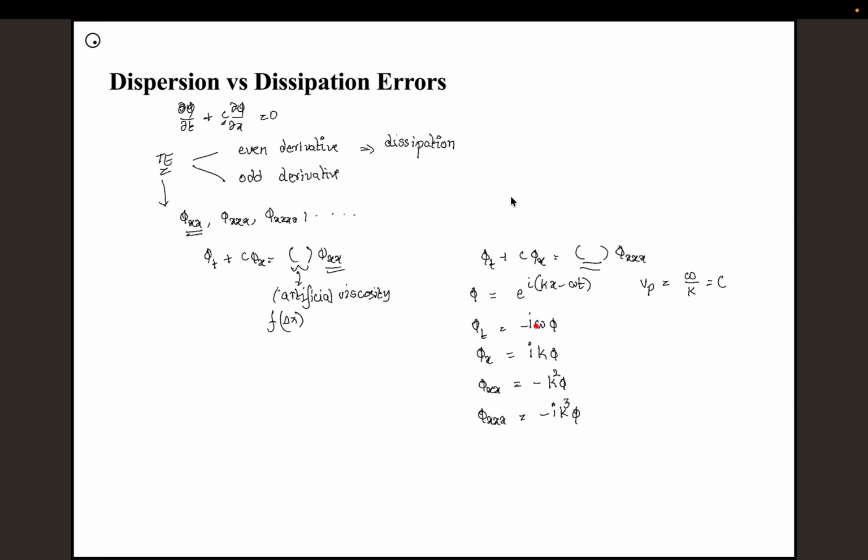When we have a double derivative, the terms are real, so we don't have to worry about it. Whenever we have an odd derivative, these i terms come up together, so we end up solving for something like this.